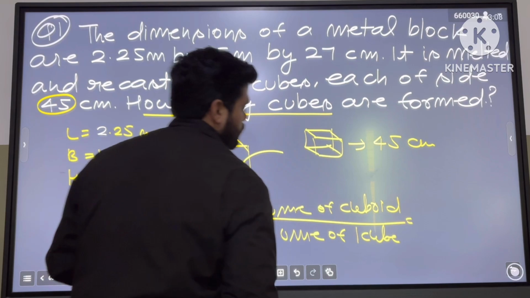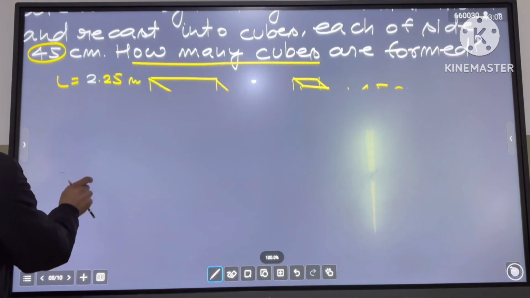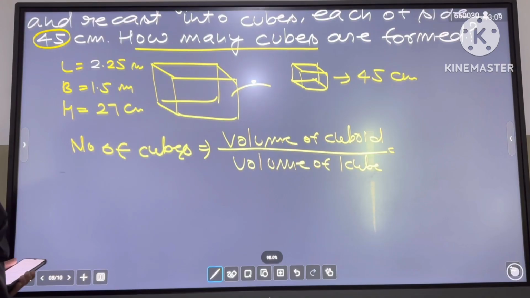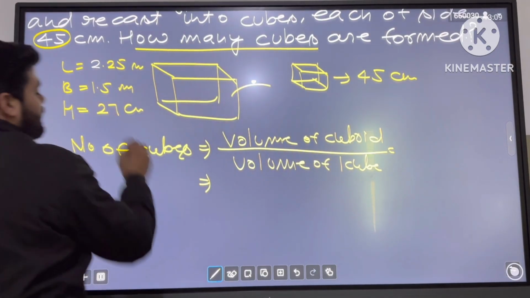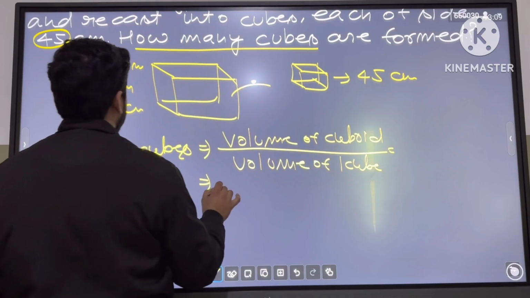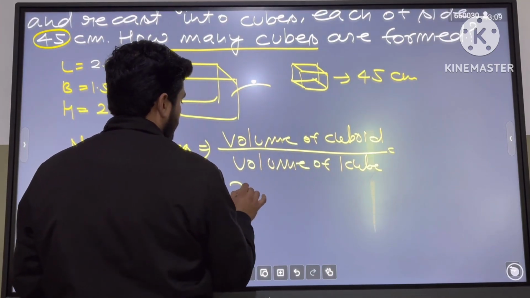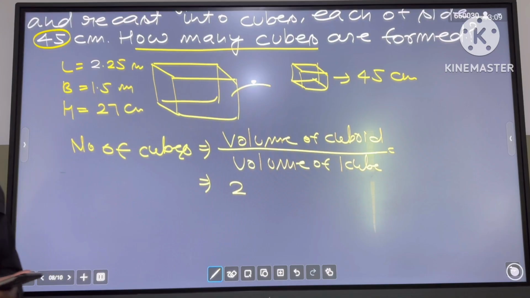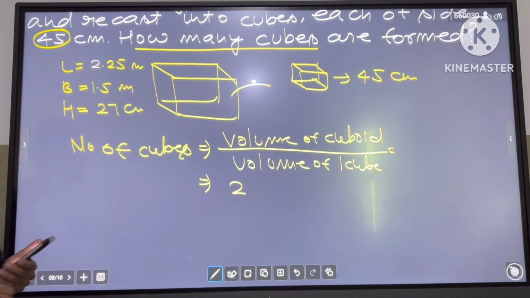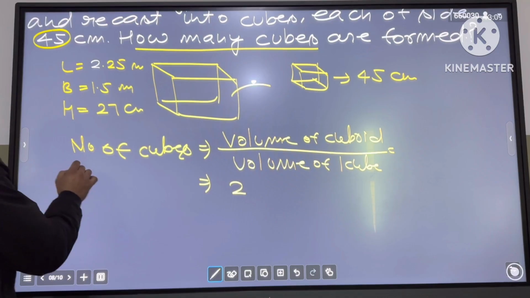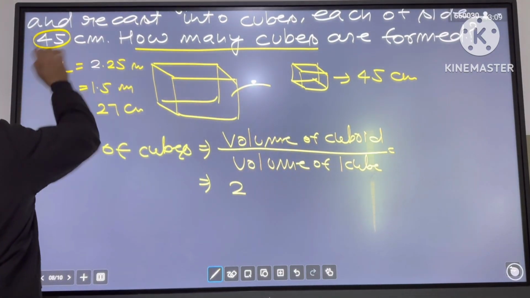The volume of cuboid is equal to L into B into H. L is 2.25 meter. So convert 2.25 meter into centimeter, and 1.5 meter into centimeter, because the side of the cube is given in centimeter.